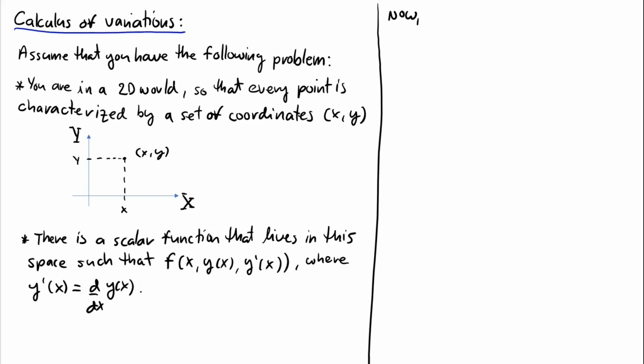Assume that now we choose 2 points in the plane and we want to travel from point 1 to point 2, and this path is not necessarily a straight line, but it can be a function of x, a function y of x.